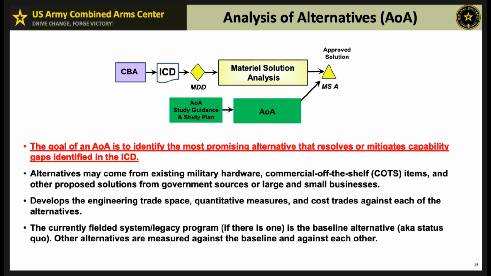The AOA may not be required at milestone C unless significant changes in threats, costs, and technology necessitate a review. The process ensures that all potential alternatives are rigorously evaluated to select the most promising solution for the capability gap identified in the ICD, aligning with both operational and cost effectiveness criteria.